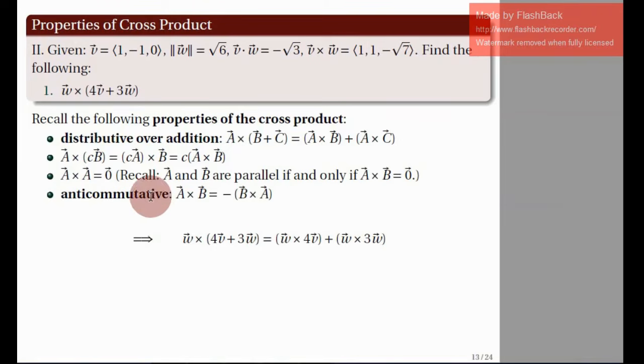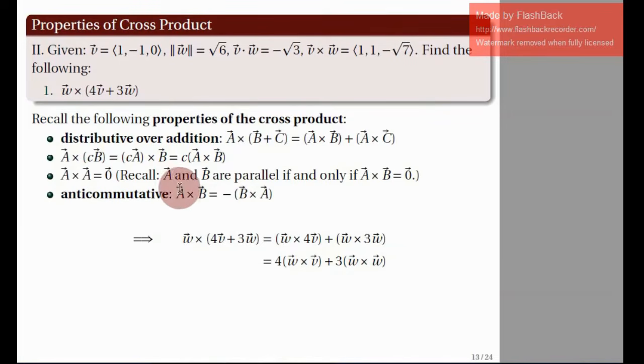And then for the next one, using this second property of the cross product, the scalars here, they can go out of our cross product. And so we do that as follows. And then for the first cross product here, we have the cross product between vector W and vector V, but what we are given is the cross product between vector V and vector W.